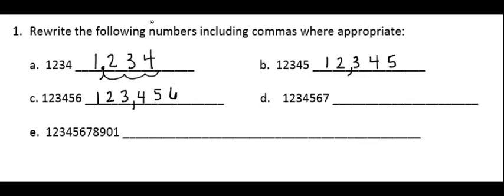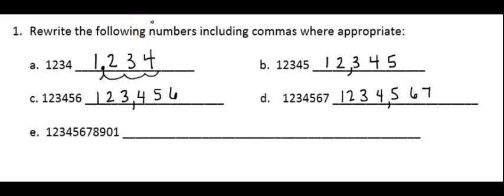In problem C, I have 1, 2, 3, 4, 5, 6. The comma would go between the 3 and 4. I would read this number as 123,456. In problem D, I have 1, 2, 3, 4, 5, 6, 7.